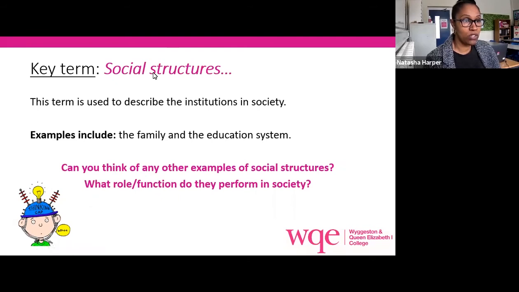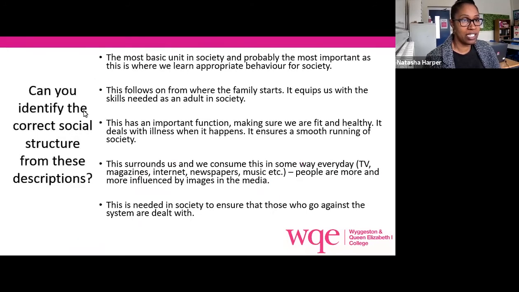Okay, so what I'm going to do then is I'm just going to move on to this slide here. So this might help you to figure out some of the institutions in society, what we call the social structures. So here are some descriptions of functions.